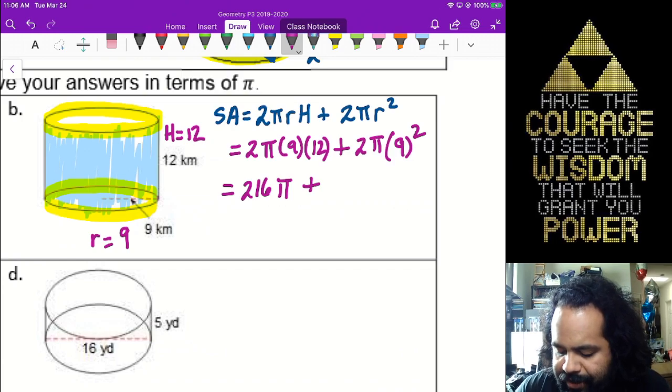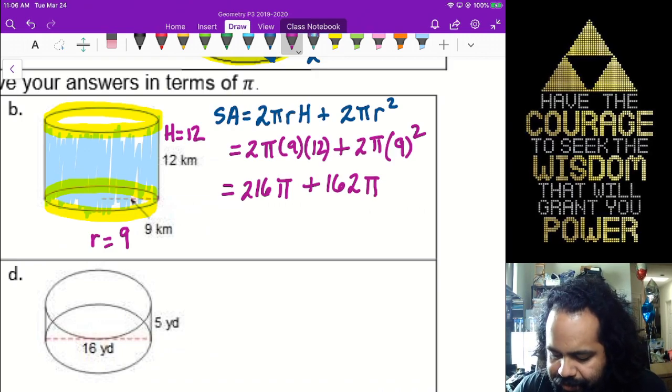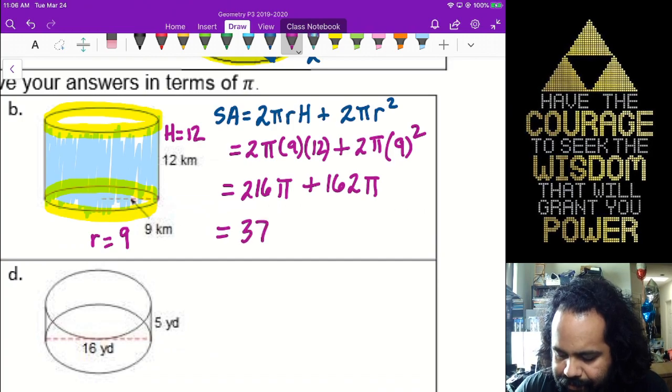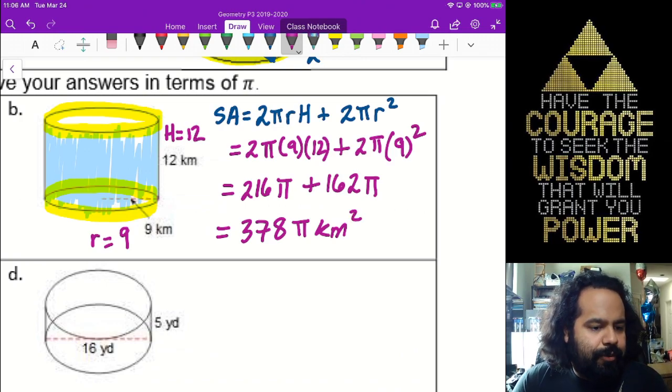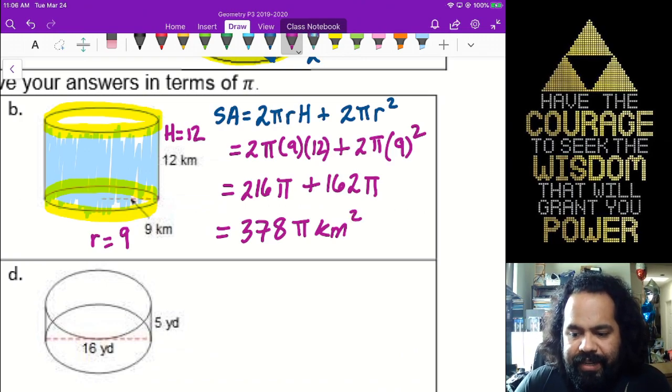And then 9 times 9 is 81. 81 times 2, 162. So yeah, 378 is looking very plausible. Yep. 378 pi. And then kilometers squared.